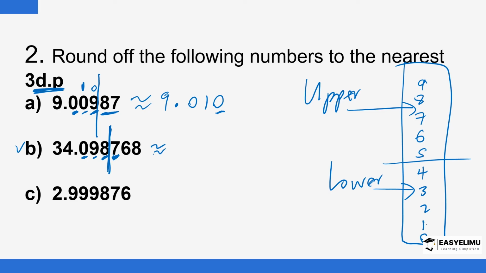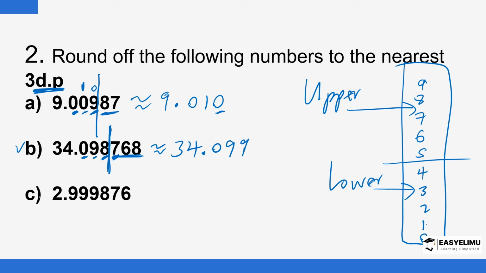So this is going to be approximately equal to 34.099. So this 8 here has been increased by 1 to 9. So it's no longer 98, but now 99. Then, of course, these other ones here will be reduced to zeros. And as you have noted earlier, the last zeros, they really don't count that much, so you do away with them. So that's what we have.